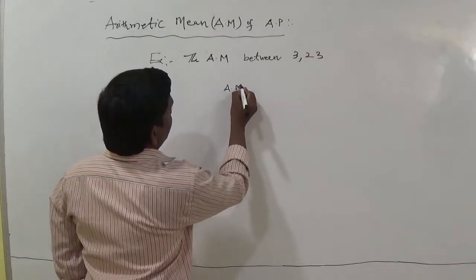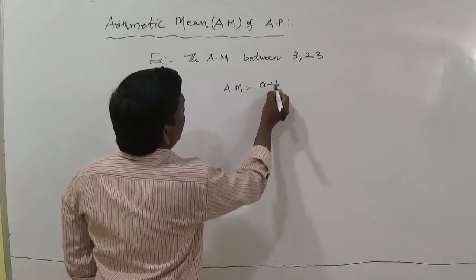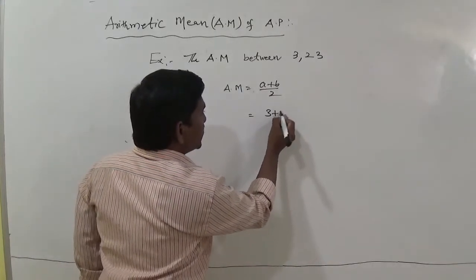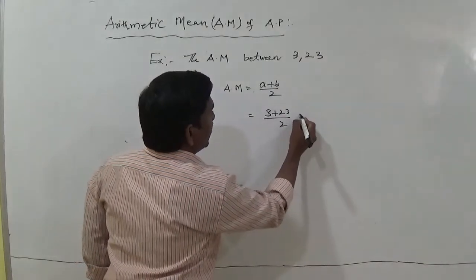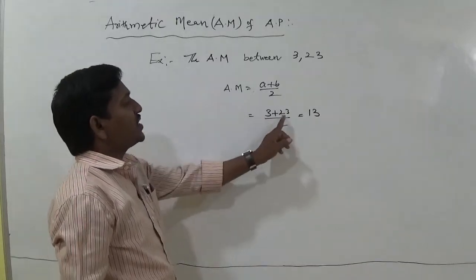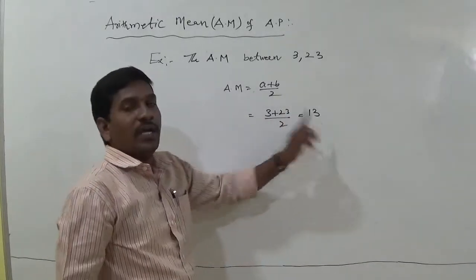AM equals (a plus b) by 2, the average of two numbers. That means (3 plus 23) by 2: 3 plus 23 is 26, 26 by 2 is 13.